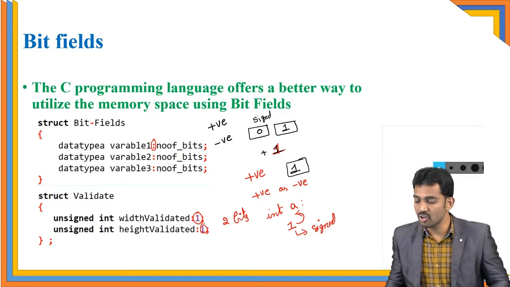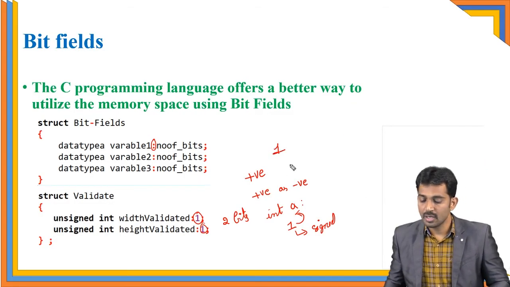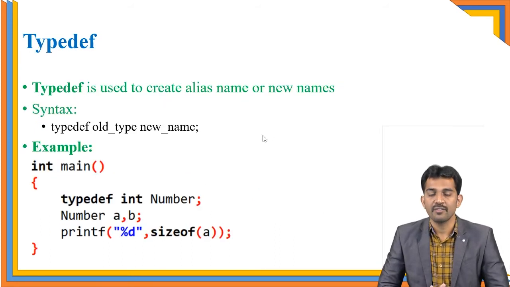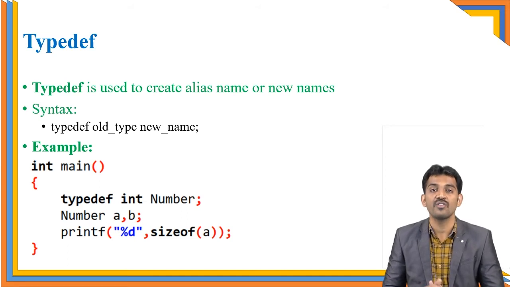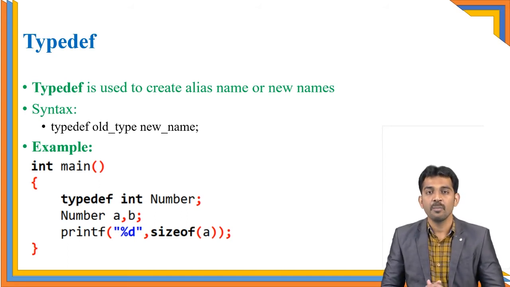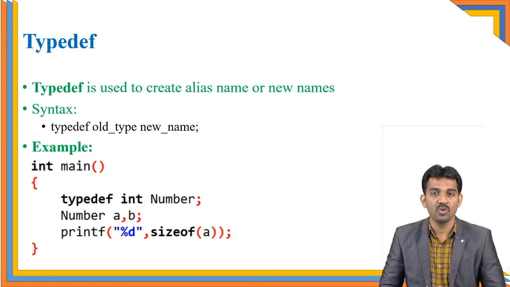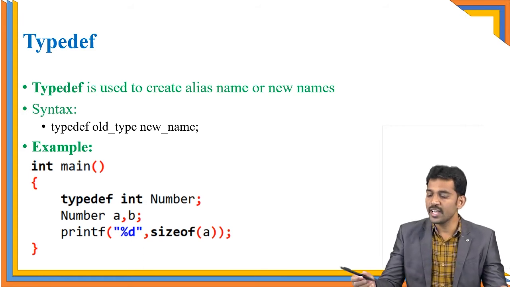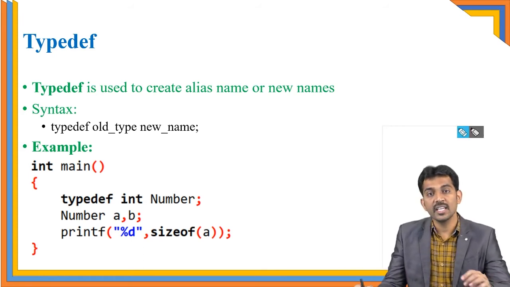And coming to the next topic: typedef. Typedef is a way to create your own data types. For example, from the bank point of view, you don't have a float value, right? So I'm going to take that. There is a type of cash.